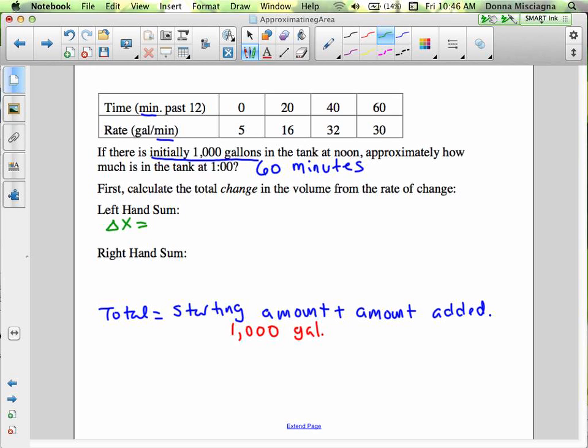We have 1 bar, 2 bars, 3 bars there. So change in x is going to be 60 minus 0 divided by 3, which is 20, which makes sense, right? Because those numbers are going up by 20s. And it'll be the same whether it was a left-hand Riemann sum or a right-hand Riemann sum.